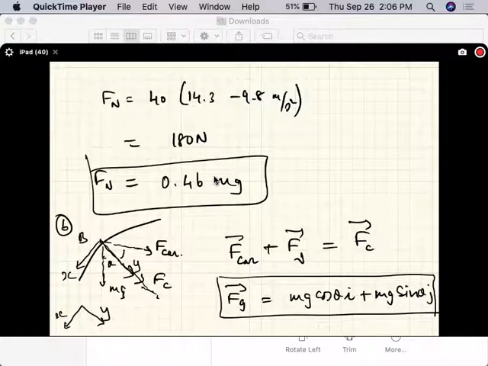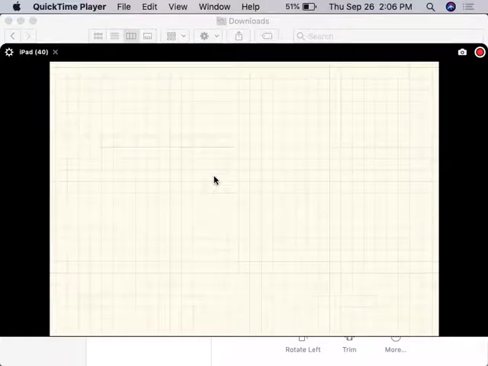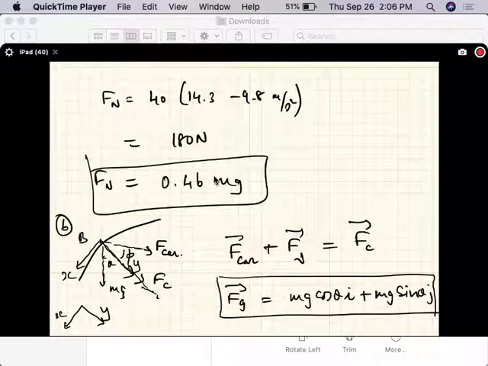We don't know this angle, so we'll calculate that in a second. The car seat has to apply a force at an angle.